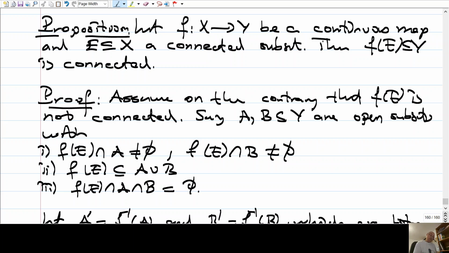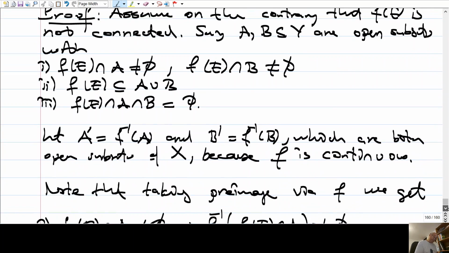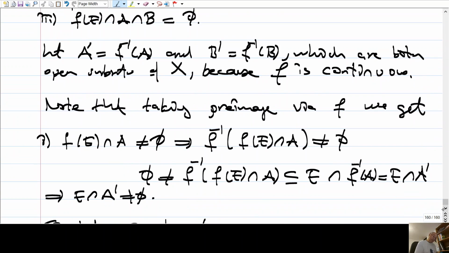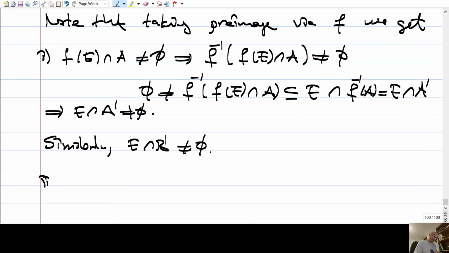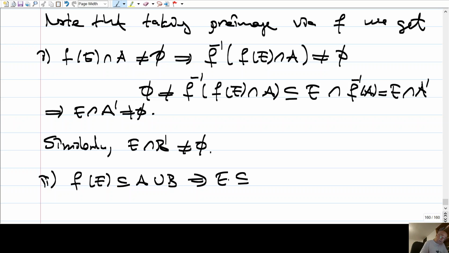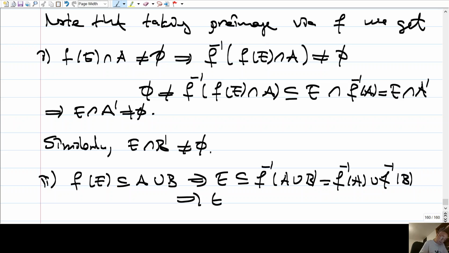And then what? f of E is in A union B. So if I take the preimage, E is in the preimage of A union B, but this is equal to the preimage of A union the preimage of B, so that E would be in A prime union B prime.